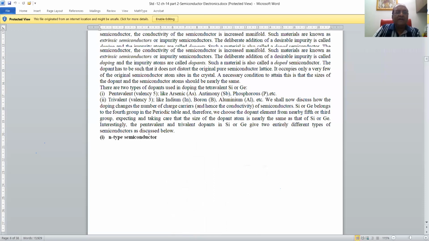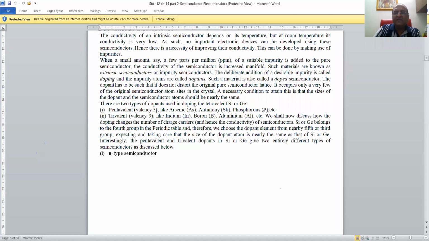Pentavalent materials have 5 valence electrons, like arsenic, antimony, phosphorus. Trivalent means they have 3 valence electrons, like indium, boron, aluminium, gallium.